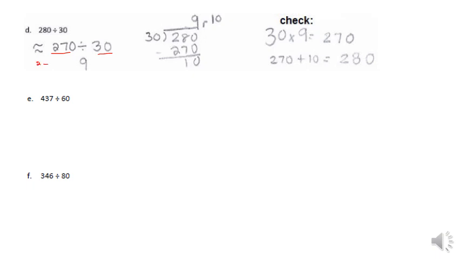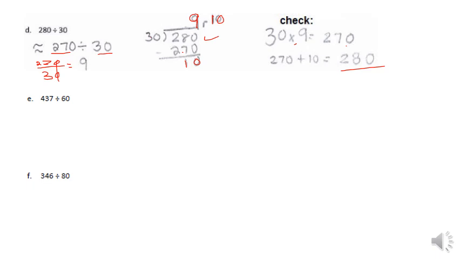If we had been using our fractions and eliminating our tens, we would have come up with the same answer. Now, when they come over here with a 9, 9 times 30 is 270. They subtracted it. They got a remainder of 10. Then they multiplied 30 times 9 to get 270, added the 10, and they got 280, exactly what they started with.